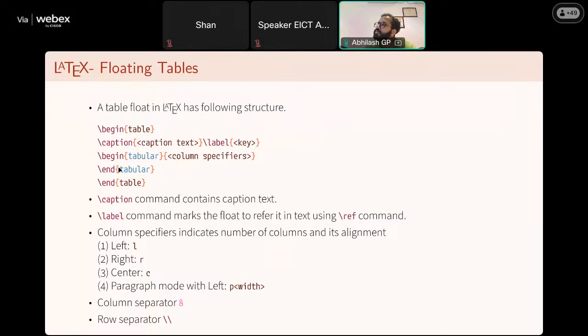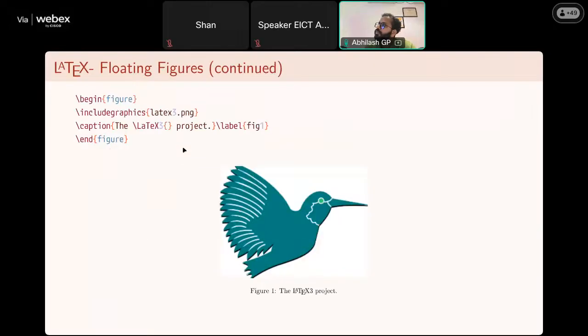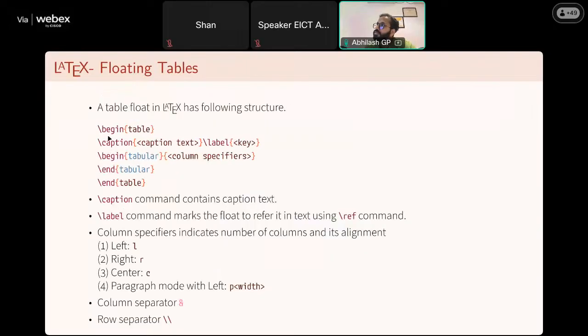The syntax is very simple, like begin figure. You can add begin table with the caption, the same command as for figure, and end table. The material should be added inside begin tabular. That is a special coding for adding the data.